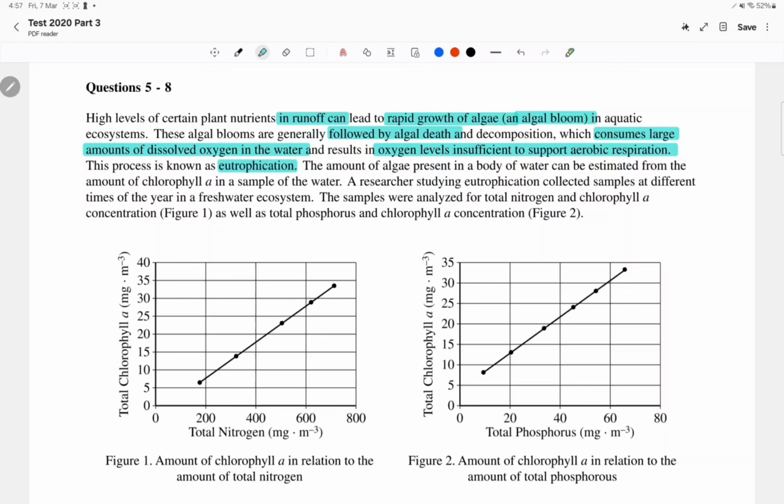Now, how could you tell how much algae there is in the water? By simply looking at the graph, and measuring how much chlorophyll A there is in the water.